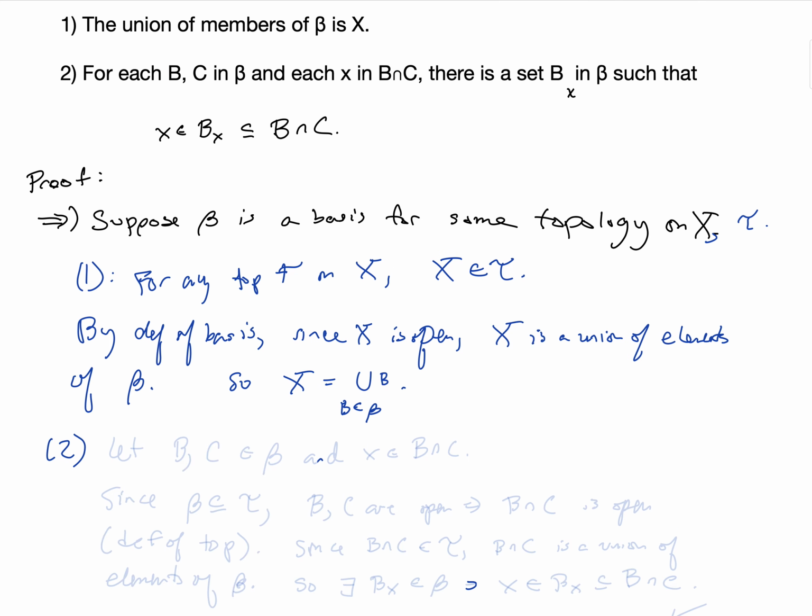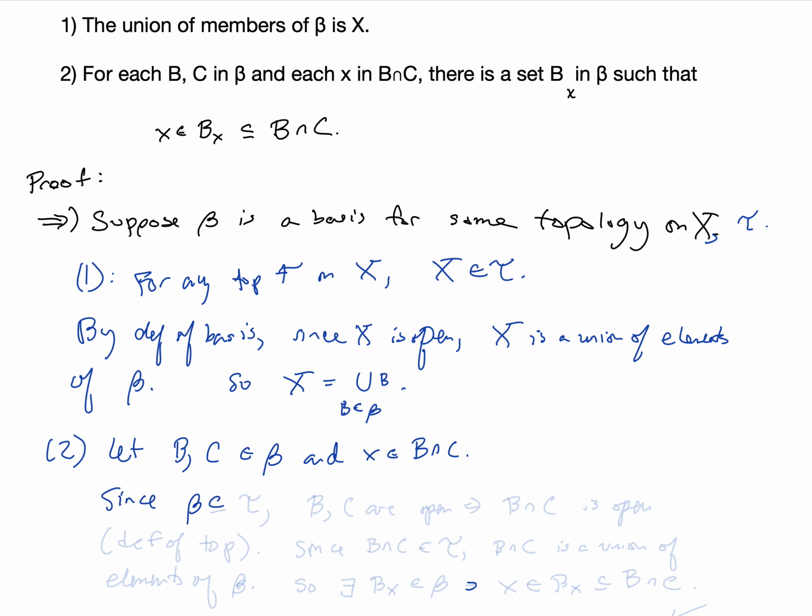Let B and C be elements of beta, and x be an element of B intersect C. Since beta is a subset of tau, as each element of beta is also an open set, that means that B and C are open, which implies that B intersect C is open by definition of a topology. Definition of a topological space: finite intersections of open sets are open.